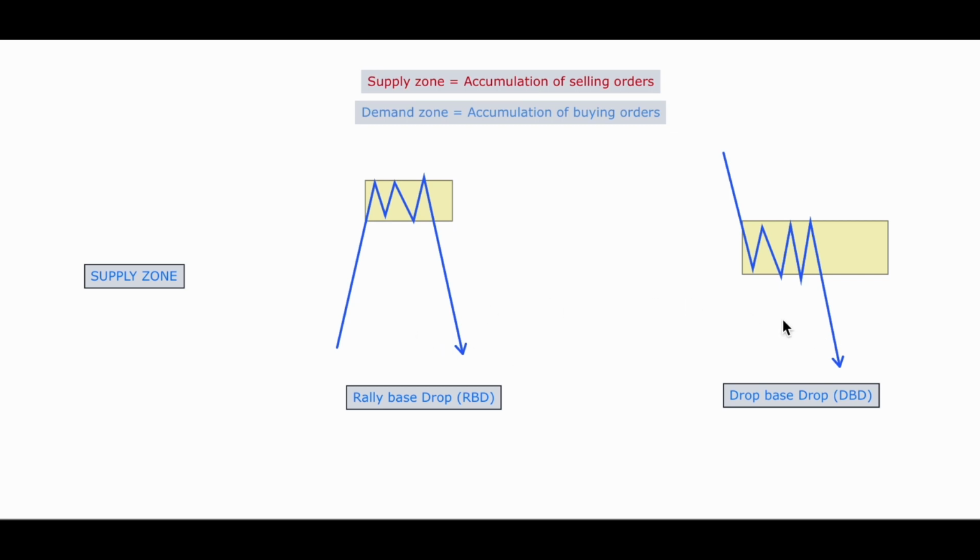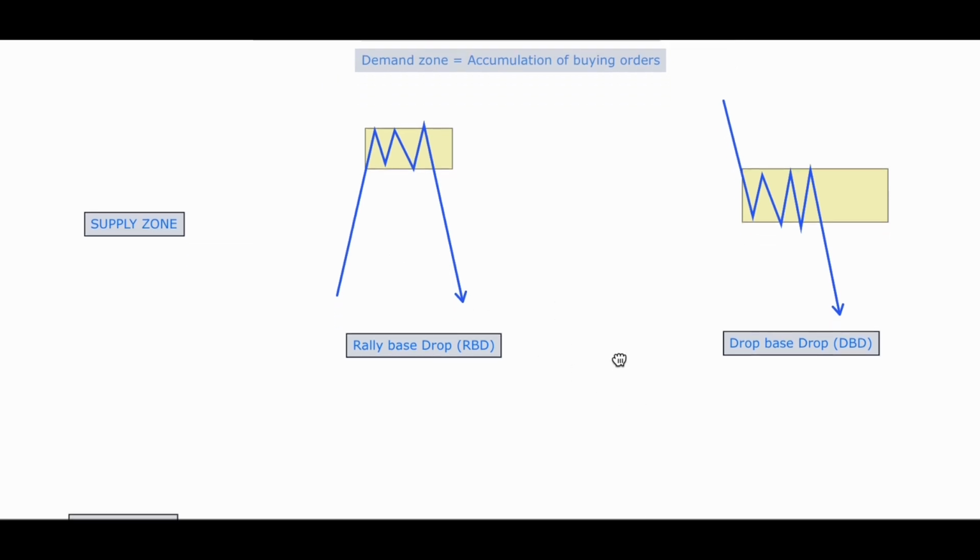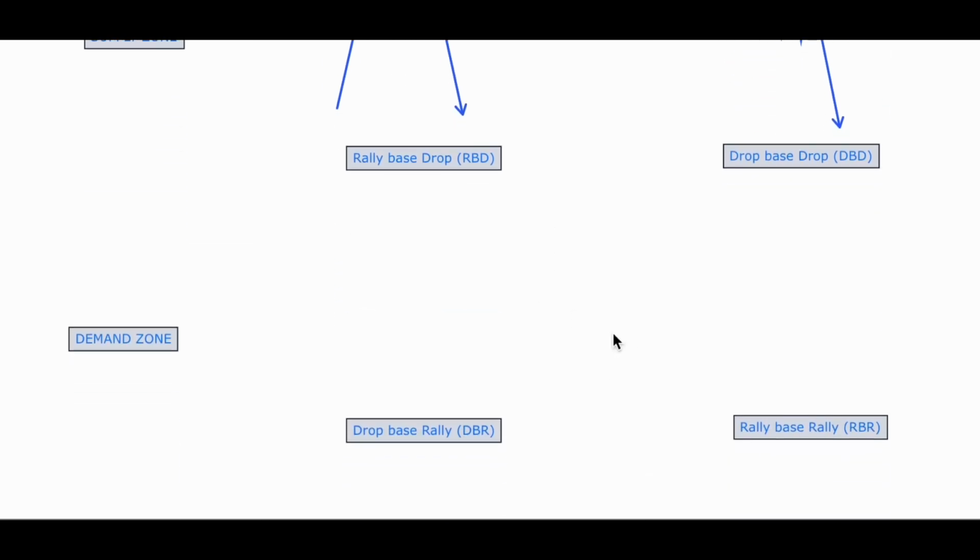So these are the two types of supply zone we have: the rally base drop and the drop base drop. Later on we will look at some real chart examples and see how we plot the zone.